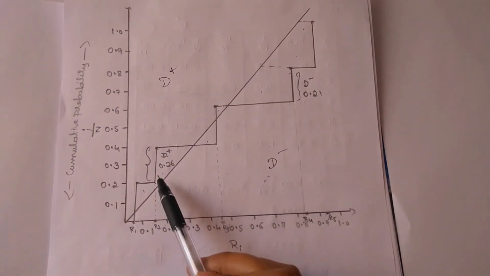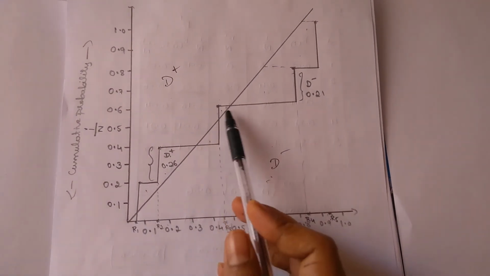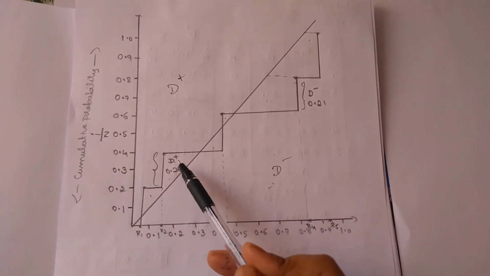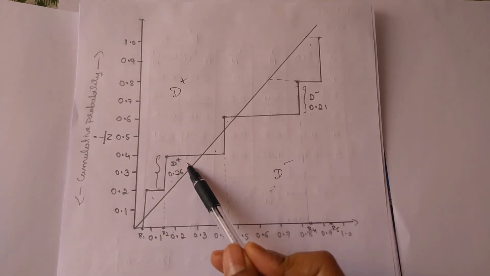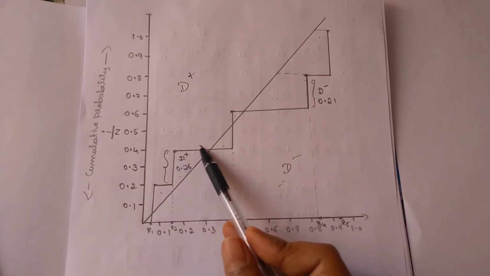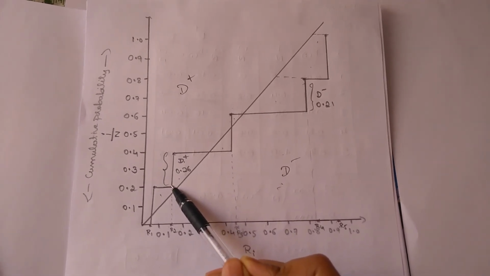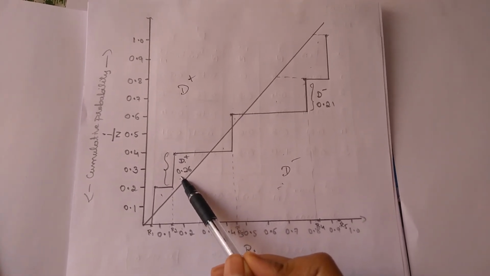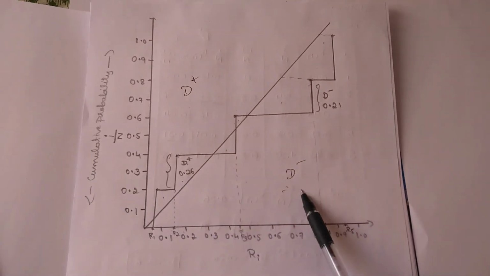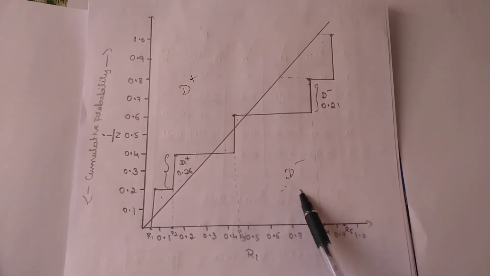Now here, three areas are exposed in D plus. Among these three areas, whichever is maximum you have to take, and that one you have to mark as D plus, that is the maximum of D plus. So see, this is the maximum area which is exposed in D plus, so I'll mark it as D plus 0.26. And in the same way, if I come to the lower part, see, this is D minus.